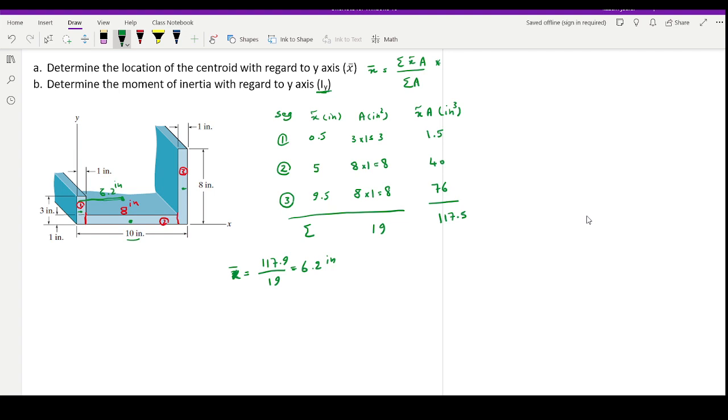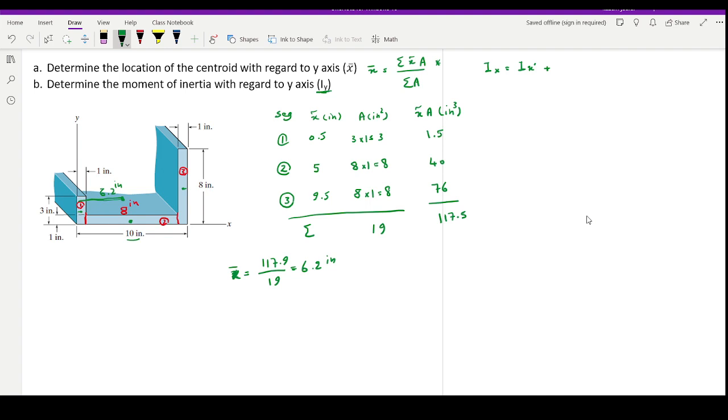For part B, I'm going to use the same configuration. Therefore, I can use some of these parameters that I have. And for the equation for part B, you know that we are going to use the parallel axis. In order to find I prime, we use that table, and the equation that for each type of figure, we can use to find the moment of inertia for that figure with regard to its centroid.